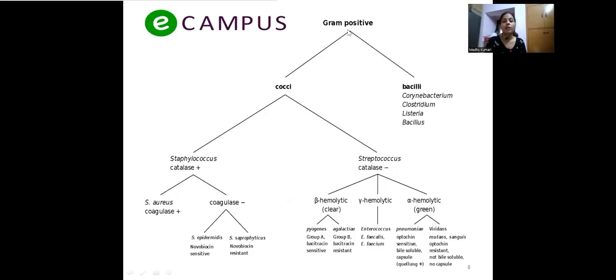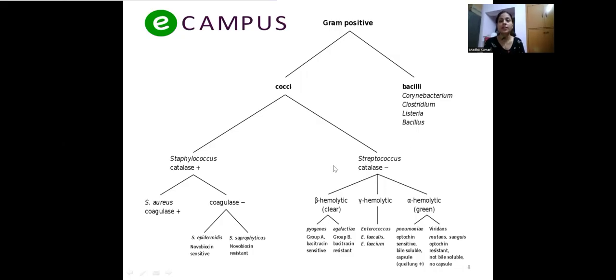Now, classification of gram positive bacteria. Gram positive bacteria are classified into cocci and bacilli, right? Bacilli: Corynebacterium, Clostridium, Listeria, and Bacillus. And cocci: Staphylococcus, catalase negative and catalase positive.